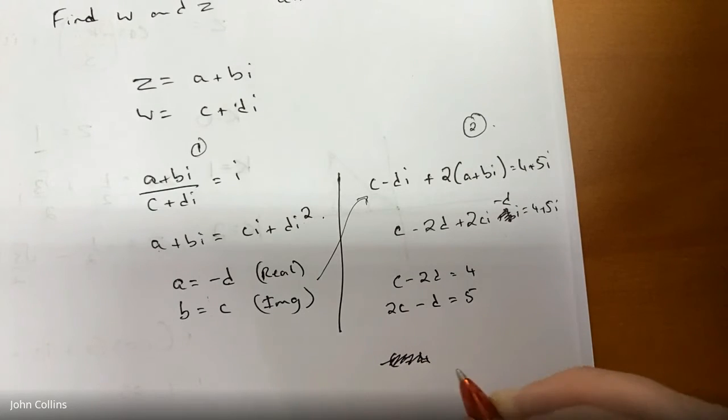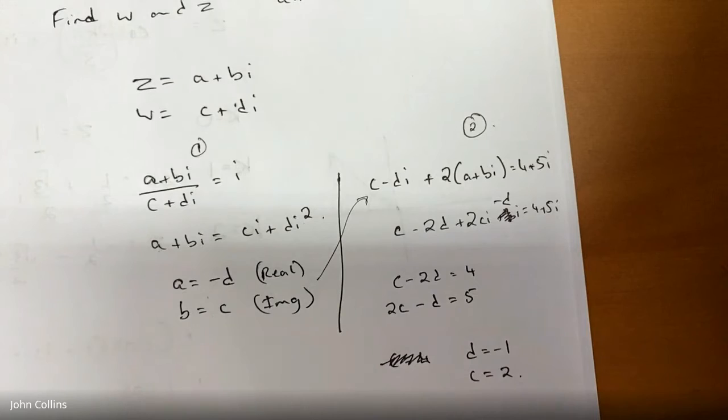So C equals 4 plus 2D, substitute that in. I got D is -1 and C is 2. And A is 1 and B is 2. So that means Z is 1 plus 2I, and W is 2 minus I.